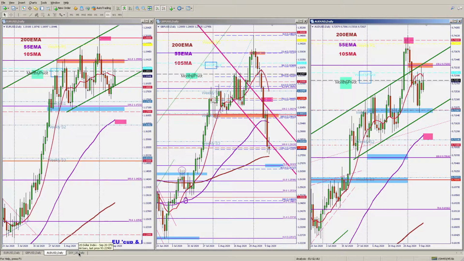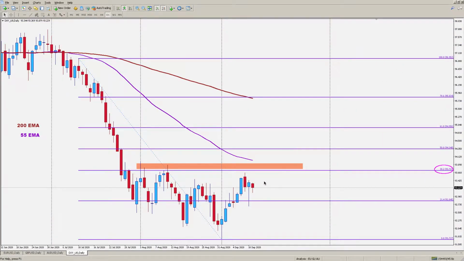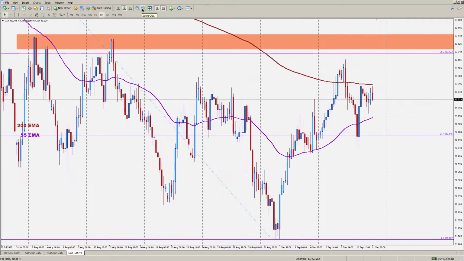Before we go further, let's take a quick look at the US dollar index, DXY, and see whether the US dollar is able to recover. We highlighted this resistance zone last week, coming up to the 38.2 fib retracement level, on the daily chart. Let's take a look at the 4-hour chart.